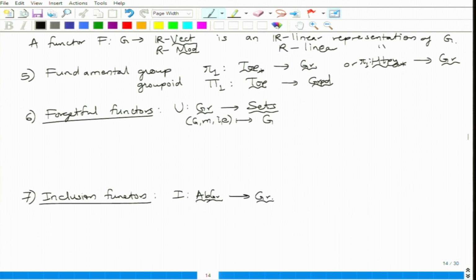What about monoids and groups? All groups are monoids. That's an inclusion functor. Aren't we forgetting the inverse part? The existence of an inverse is a property, correct? So therefore I should write inclusion from the category of monoids to the category of groups.